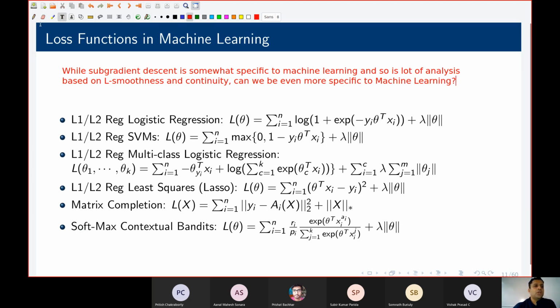Okay. So the thing we note is what? Machine learning, what do the loss functions look like? You probably have a hint from all of these examples.